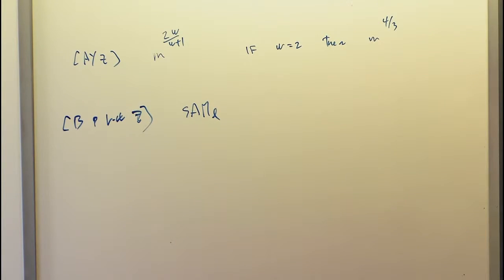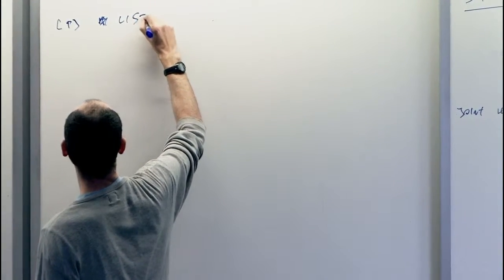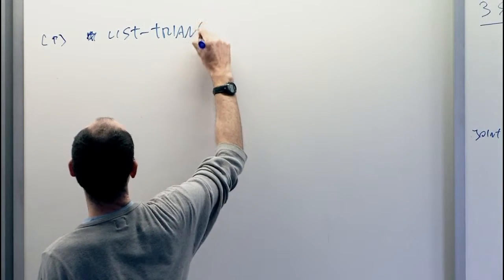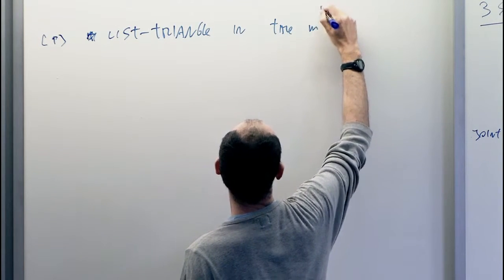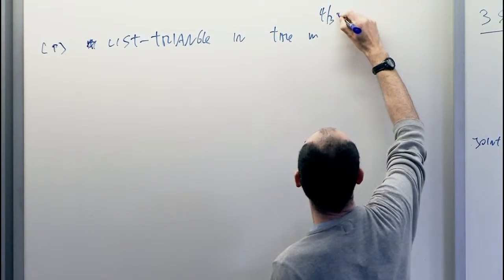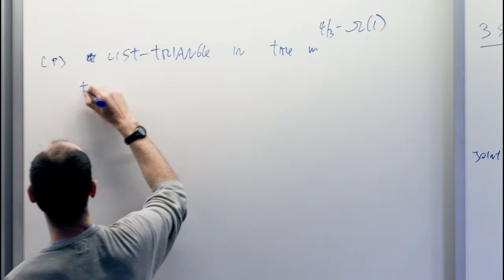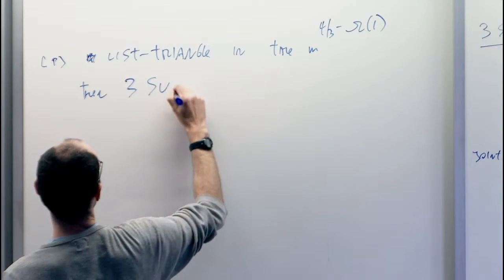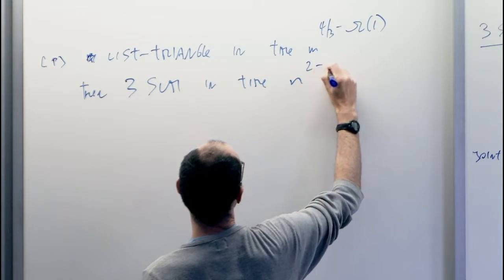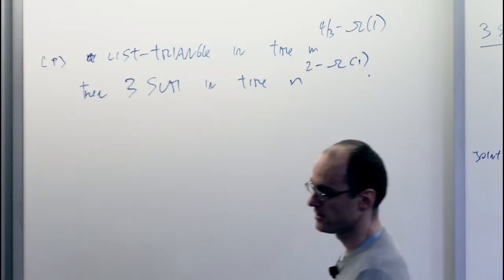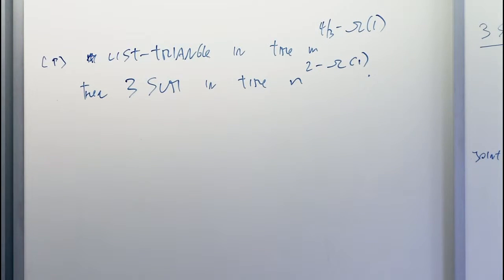So Patrascu shows that if listing triangle is in time m to the 4/3 minus some constant, minus omega 1, then three-sum is also in time n to the 2 minus omega of 1. So again, this time would be tight if three-sum requires quadratic time.